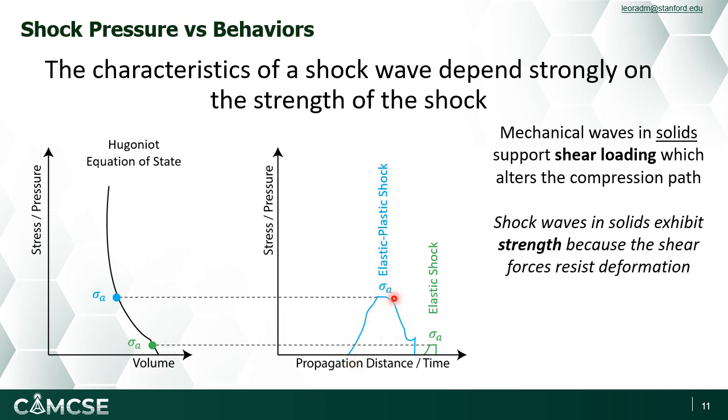There are all sorts of bumps and shapes in this that we'll get into in a future slide, but for now you can understand that this is effectively showing you the first wave as the elastic wave and the second as the plastic wave.